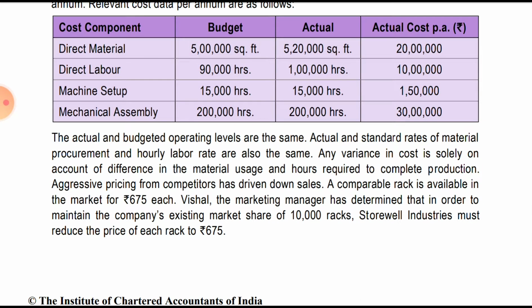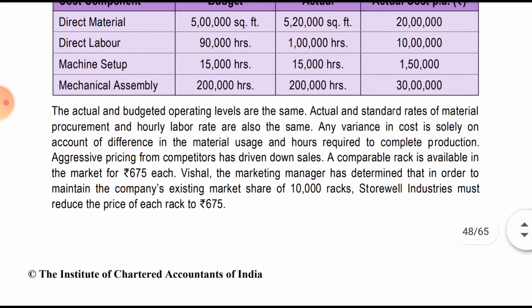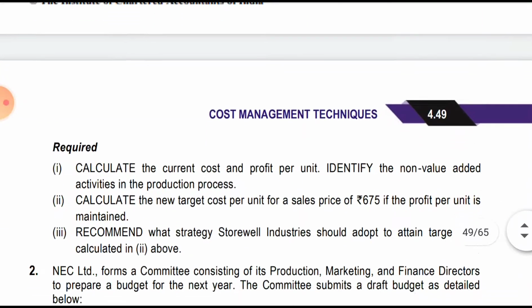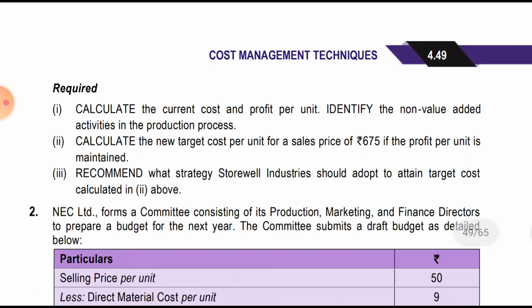Vishal, a marketing manager, determined that in order to maintain the company's existing market share of 10,000 racks, Storewell Industry must reduce the price of each rack to 675 to maintain demand.